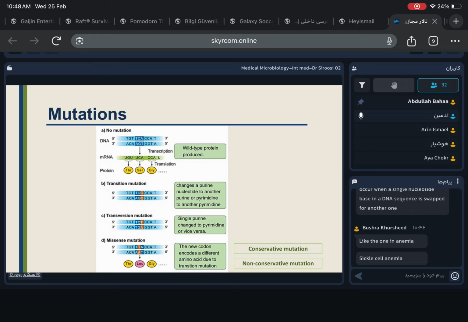Maybe the new amino acid is a basic amino acid, but the original one was an acidic amino acid. So as you can see, the new amino acid has different properties compared to the original one, and that's why it affects the function and the structure of the protein.